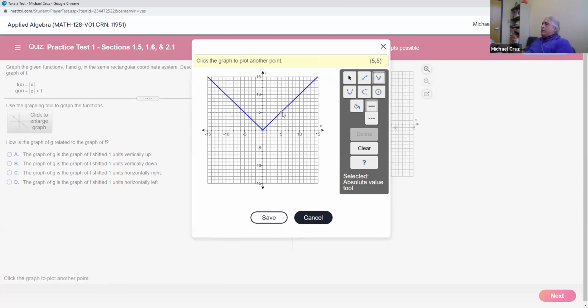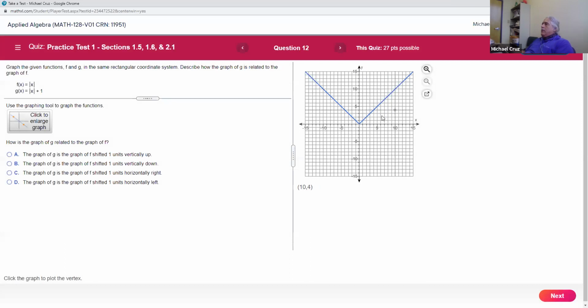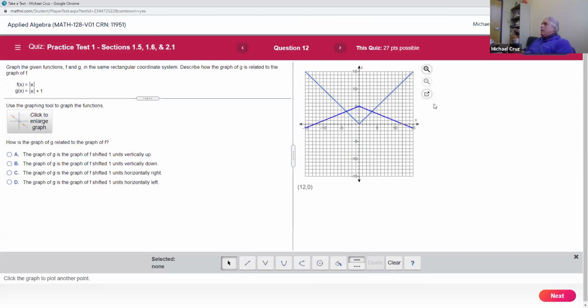And see, it goes through 1, 1. Now, the way that functions work, they want us to do the second one. It says x, absolute value of x plus 1 for the next one. Let's do two of them. Okay.